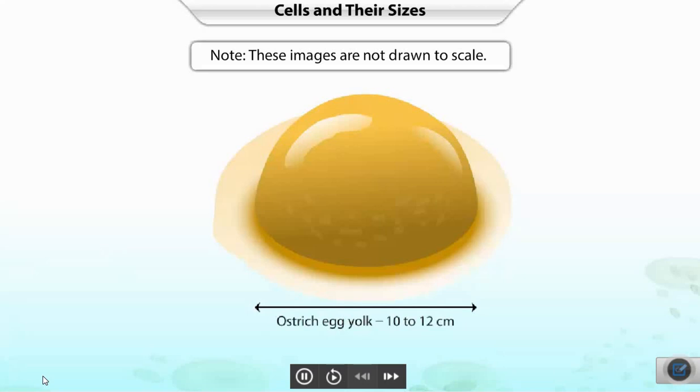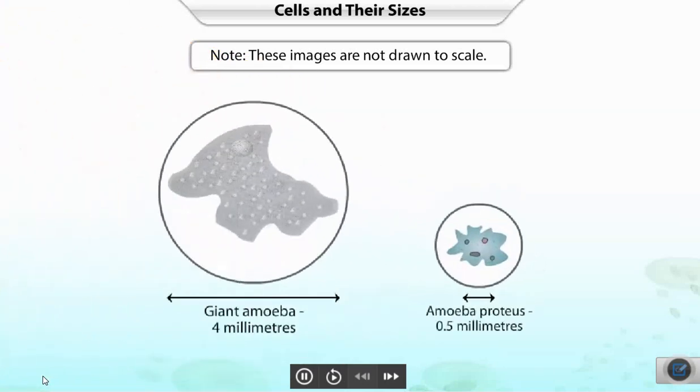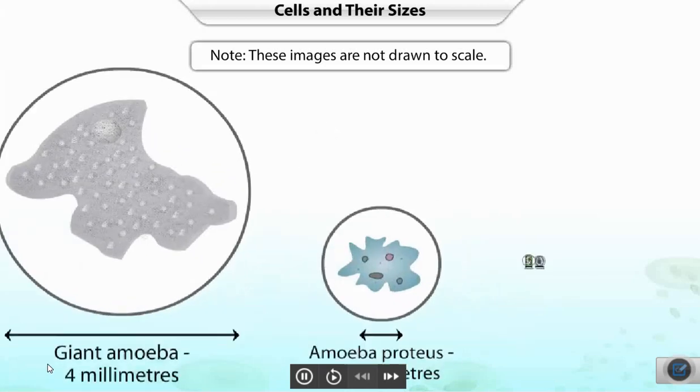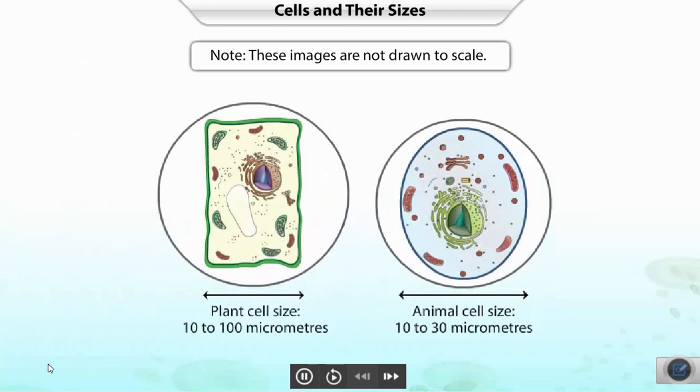Still smaller is the giant amoeba, which may measure up to 4 millimeters. Plant cells as well as animal cells are between 1/100th and 1/10th of a millimeter. These cannot be seen by the naked eye, but require a light microscope.